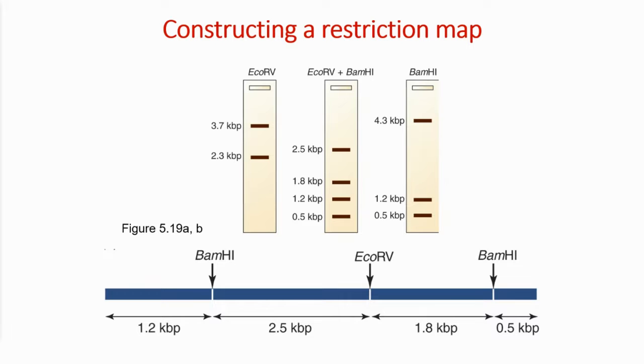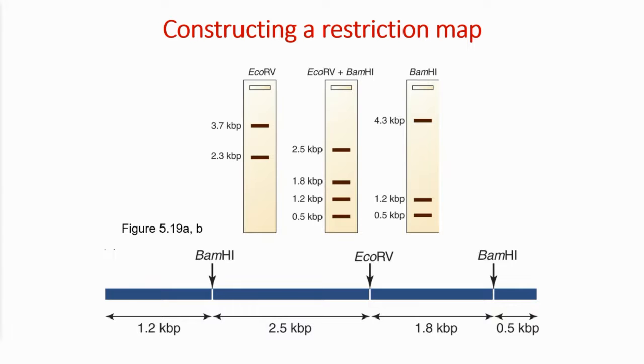Now we move to the second step. You look at the double digestion, EcoRV and BamHI. That gives you 4 fragments: 2.5, 1.8, 1.2, and 0.5. And here we have 2.3 and 3.7 from the EcoRV cut.